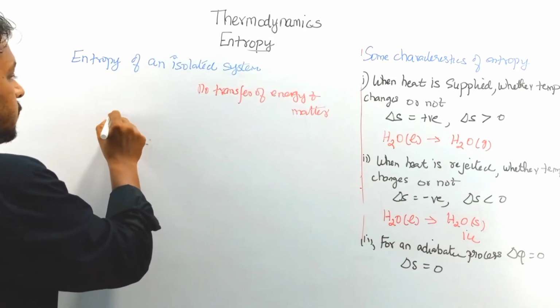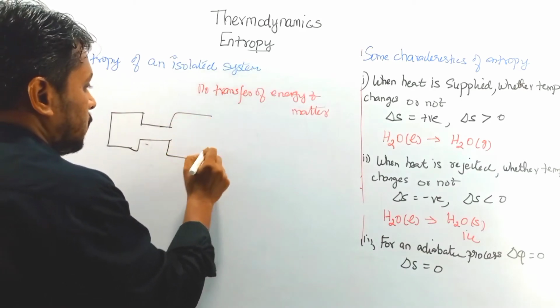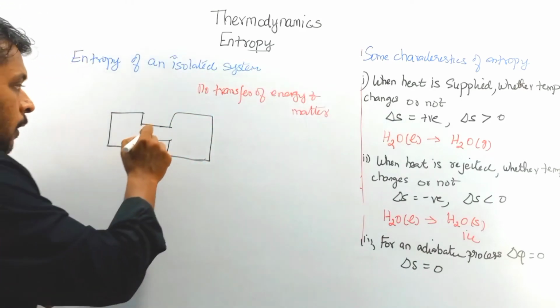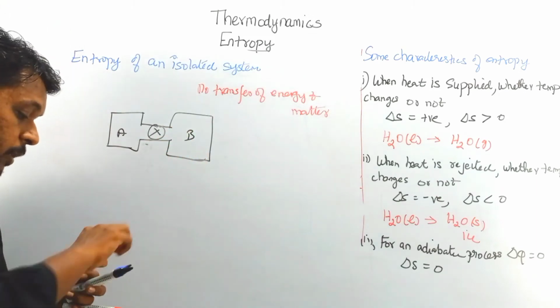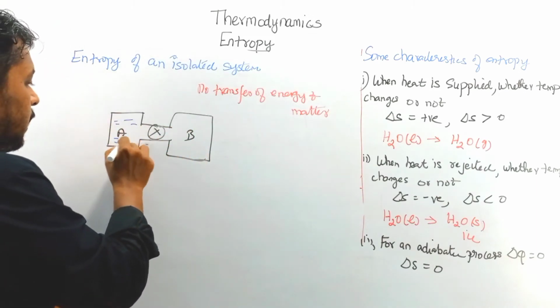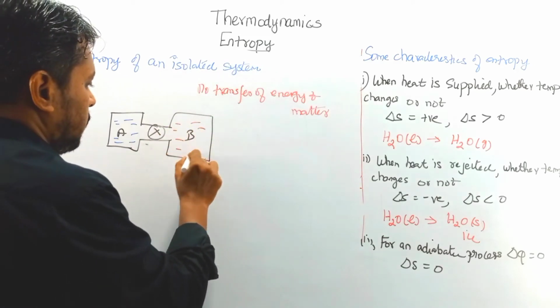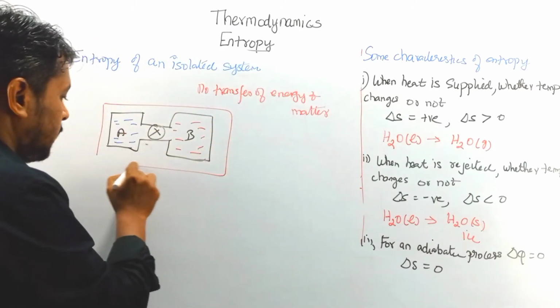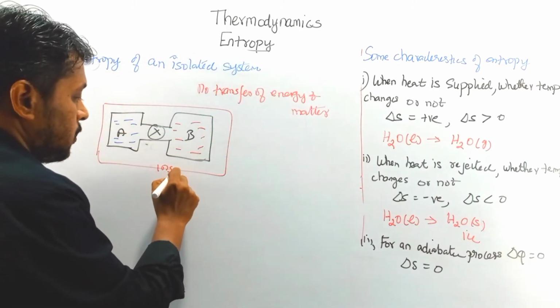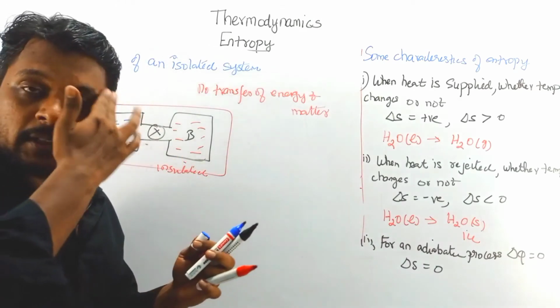So let us take an arrangement like this. We have a wall here, so we have gas A and here gas B. It is totally insulated outside, so there is no transfer of any heat inside or outside.